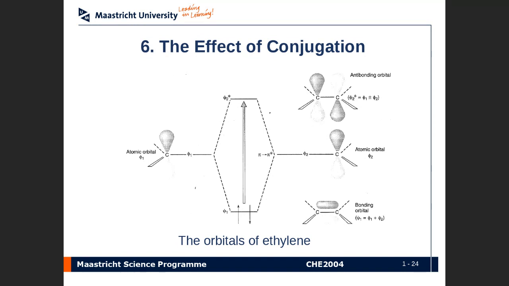Okay, so here, for example, I have a simple alkene, right? A simple alkene, and what I've actually got depicted here is really the pi and pi star orbital of this alkene. So you've got the bonding pi and you've got the anti-bonding orbital at the top here.